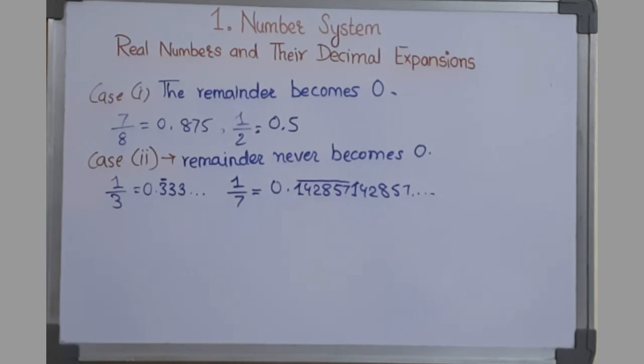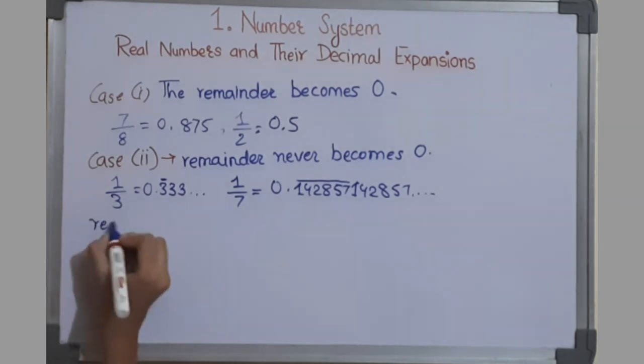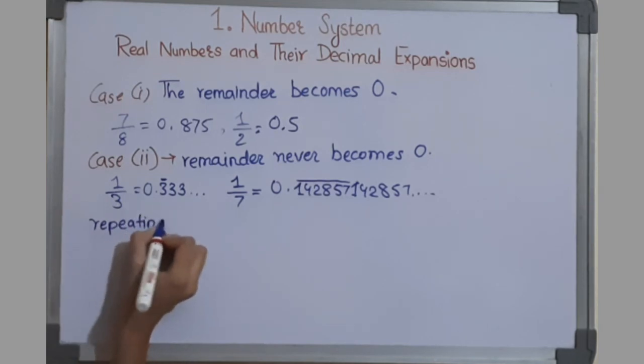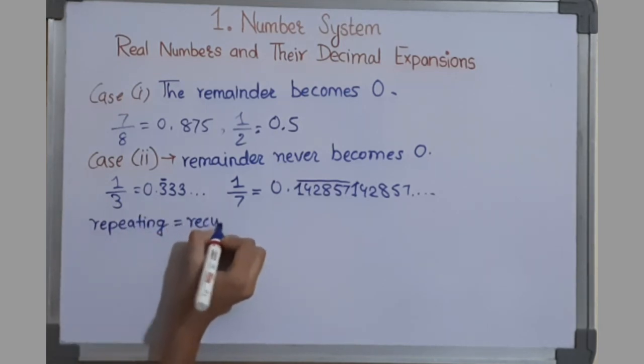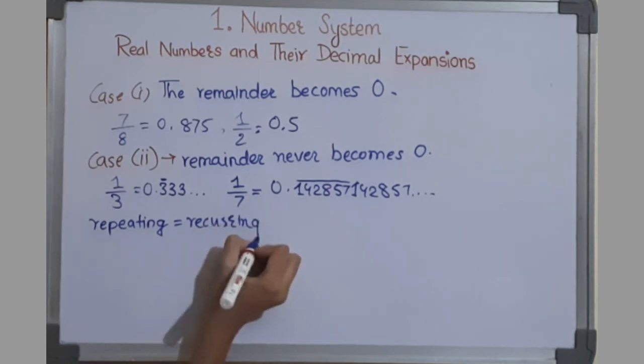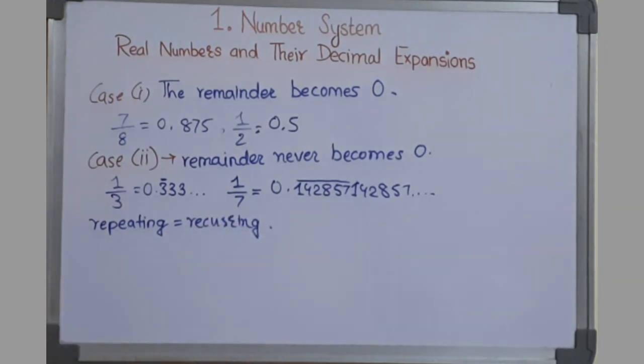Non-terminating means we are not getting 0 as remainder, and it is not ending after some steps. It is going on continuously and it is repeating. Repeating means recurring. Repeating is the same as recurring, as sometimes the word repeating comes and sometimes the word recurring is coming. Thus we see that the decimal expansions of rational numbers have only two choices. Either they are terminating or they are non-terminating recurring.